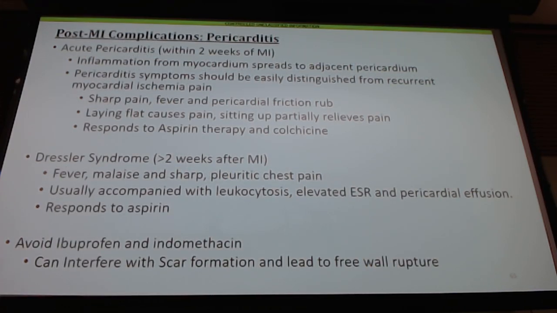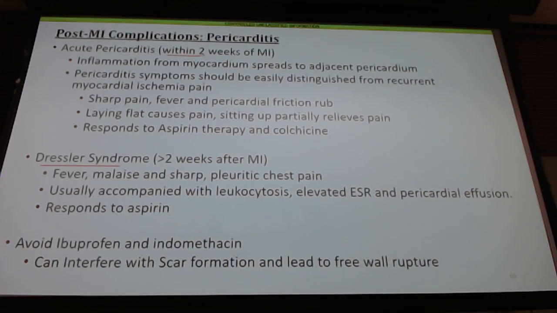And then pericarditis. We talked about pericarditis in block 1. We'll just hit it again, where you can develop pericarditis after an MI. It's called acute pericarditis if it happens within 2 weeks. If it happens more than 2 weeks after the MI, it's called Dressler syndrome. It's going to look like pericarditis, act like pericarditis, and everything like that. You may even think that this patient's having a recurrence of their heart attack.